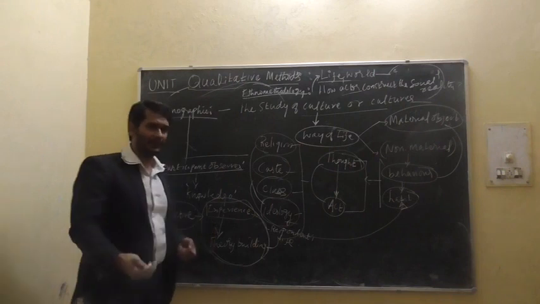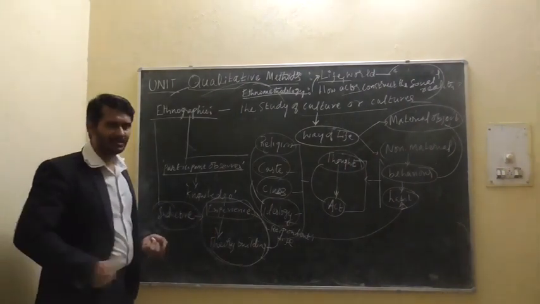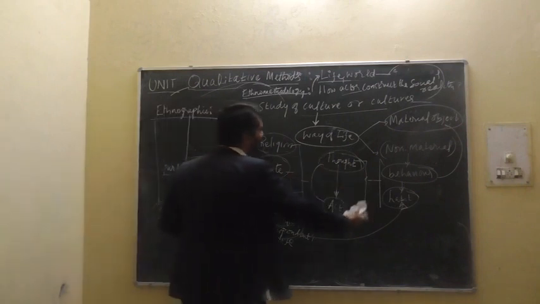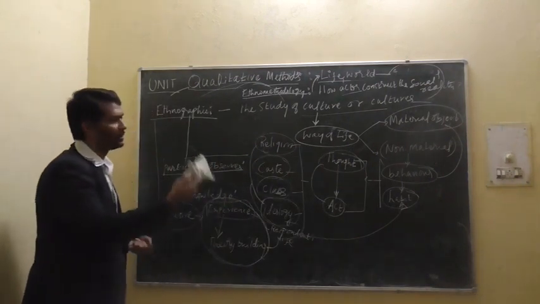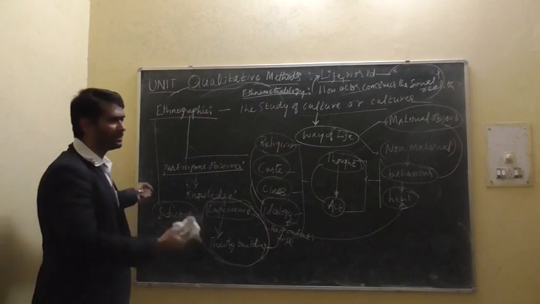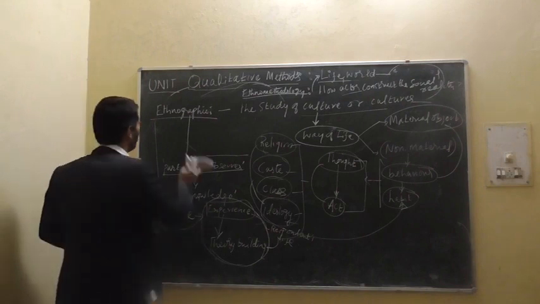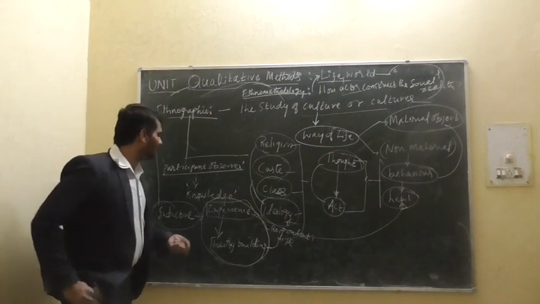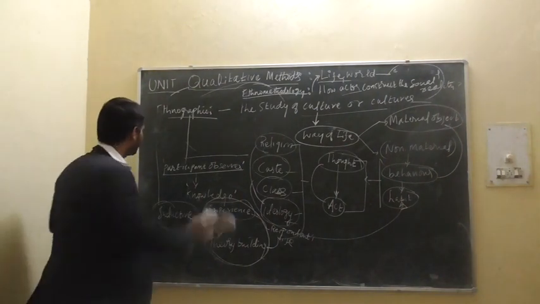The next idea is that I am trying to explain what the qualitative method is and what the ethnographic study is all about. Within the ethnographic method we predominantly follow participant observation.